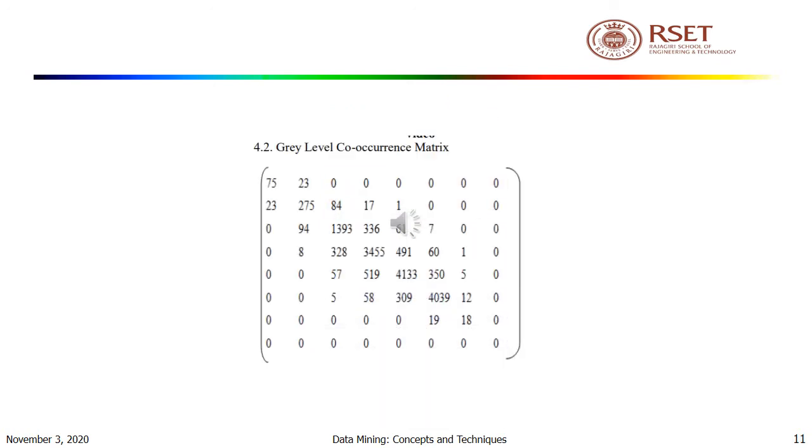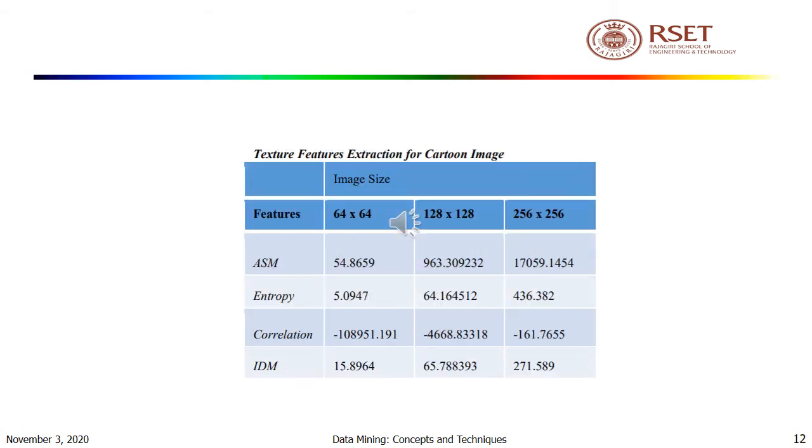This is the gray level co-occurrence matrix that I developed from the previous image. And in this table, I have extracted the different features from that image, that is entropy and correlation, for different block sizes, that is 64 by 64, 128 by 128 and 256 by 256.